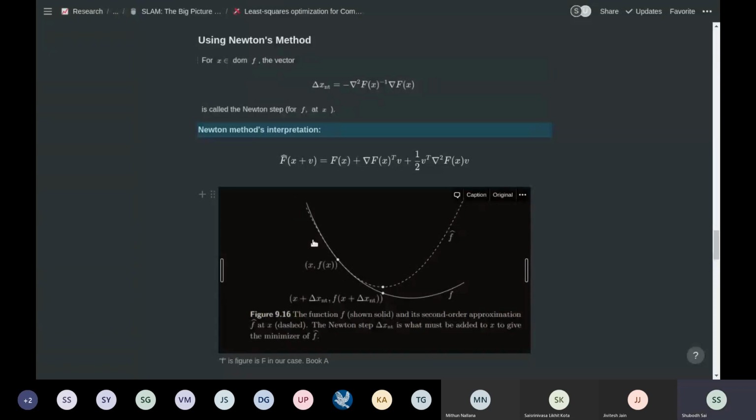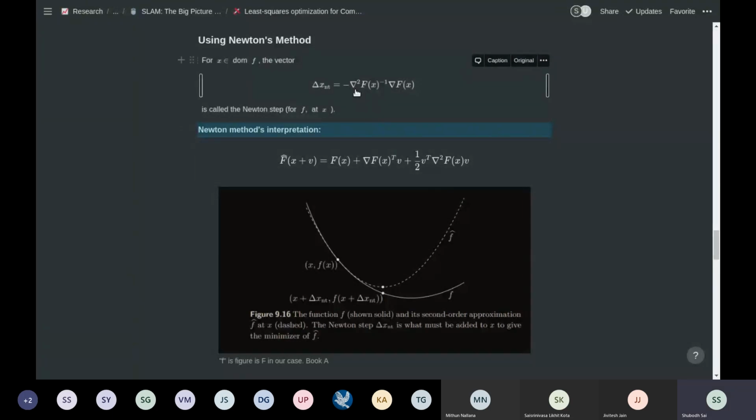What you would do is take a second order approximation and then take its derivative. You'll come from here to directly end up here. So that's sort of the intuition. You approximate it to a quadratic function, second order approximation, and you reach that minima in one step.